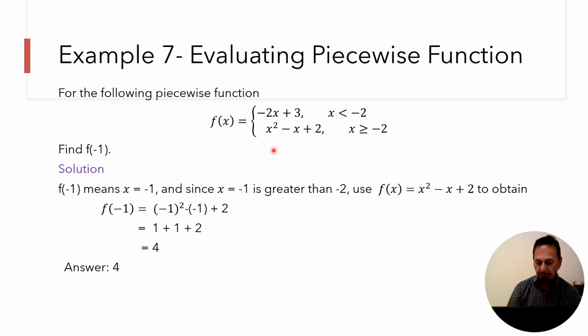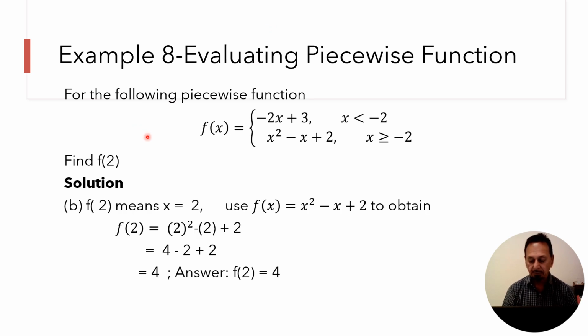So we use f of x equals x squared minus x plus 2. So we substitute negative 1. So it becomes f of negative 1 equals negative 1 squared minus negative 1 plus 2. Square of negative 1 is 1. Minus negative 1 is plus 1, and plus 2. So the total is 4. So we can say f of negative 1 equals 4.